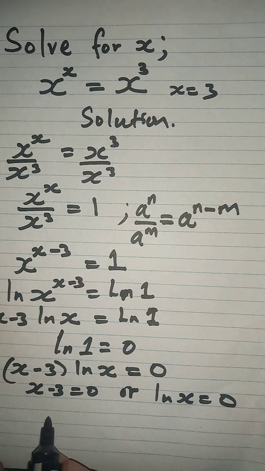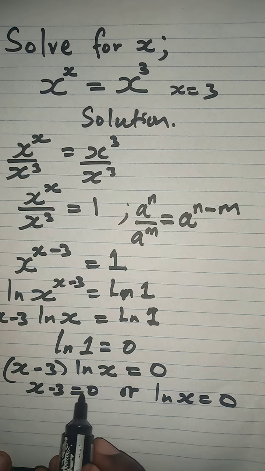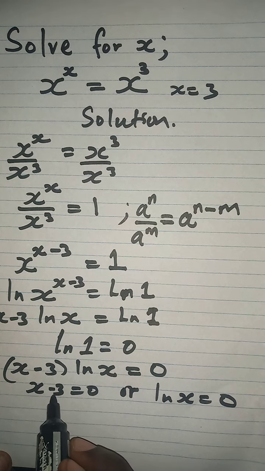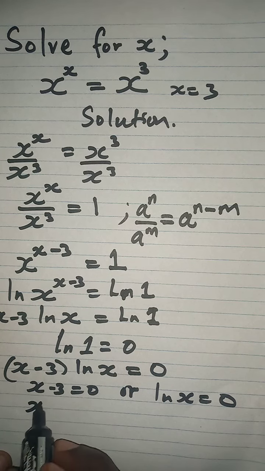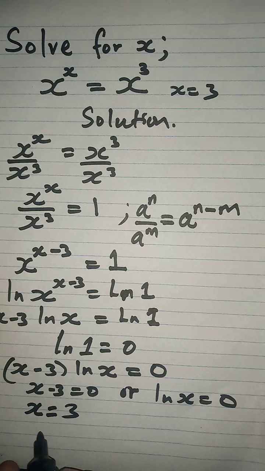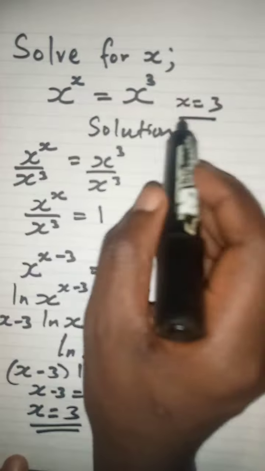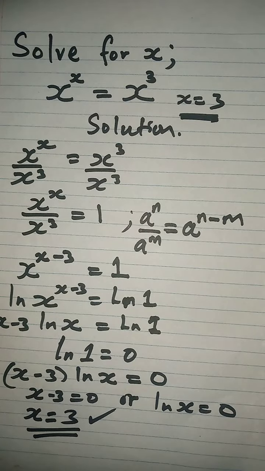If x minus 3 is equal to 0, then taking negative 3 to the other side, it is clearly easy to see that x is equal to 3, as our first prediction.